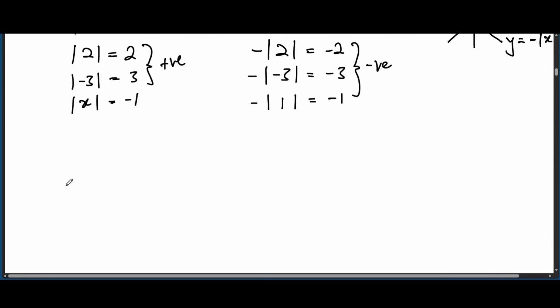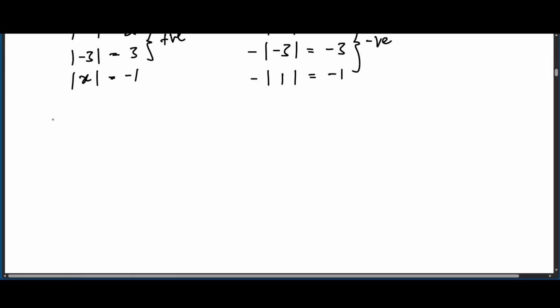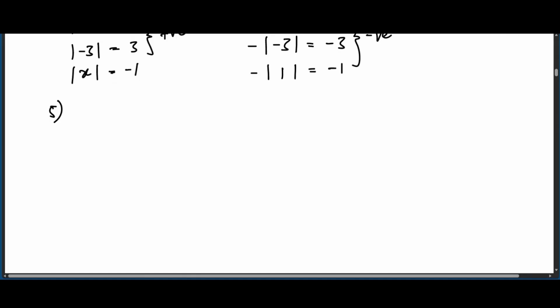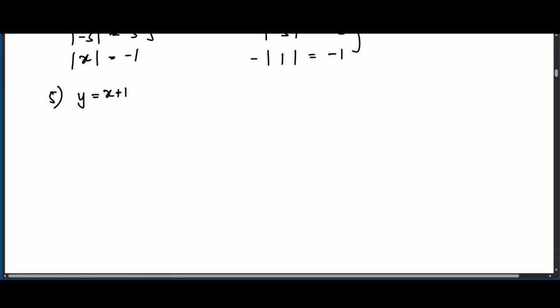So all this while we have been looking at linear graphs, a line, correct? So let's look at how an absolute function actually works. So let's say I have an equation, y equals x plus 1. So we all know how to sketch this function, right?